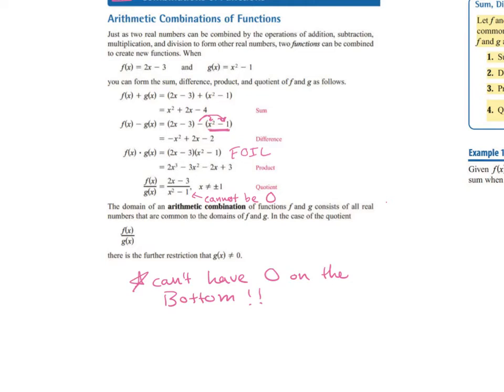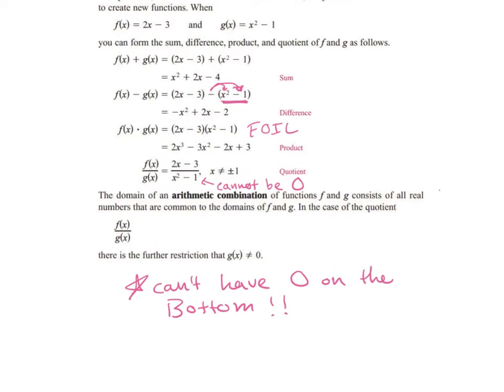So our domain is going to be the domain that's common between the two. And then if we're dividing, we have a further restriction that we just can't have 0 on the bottom.